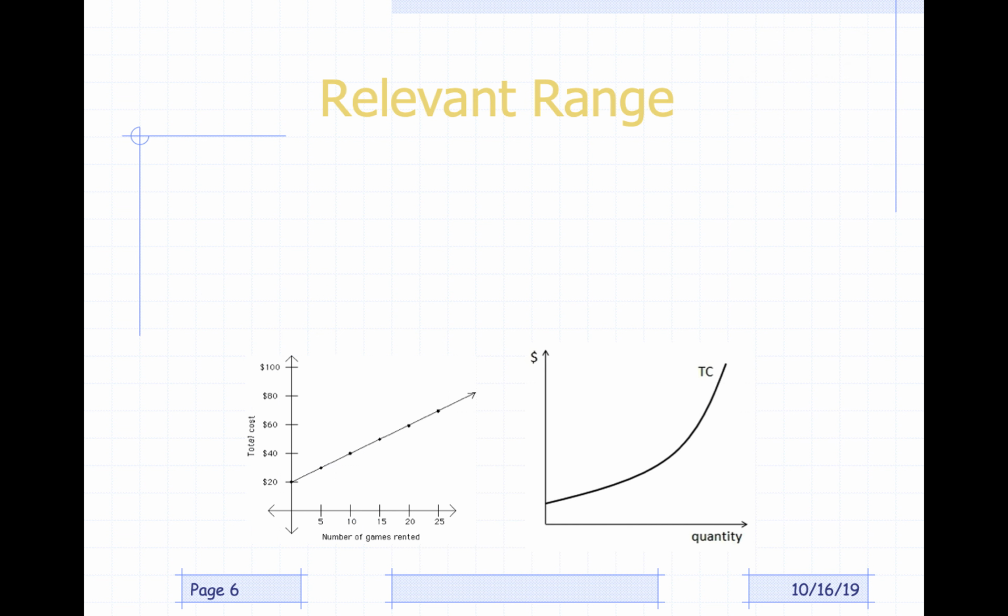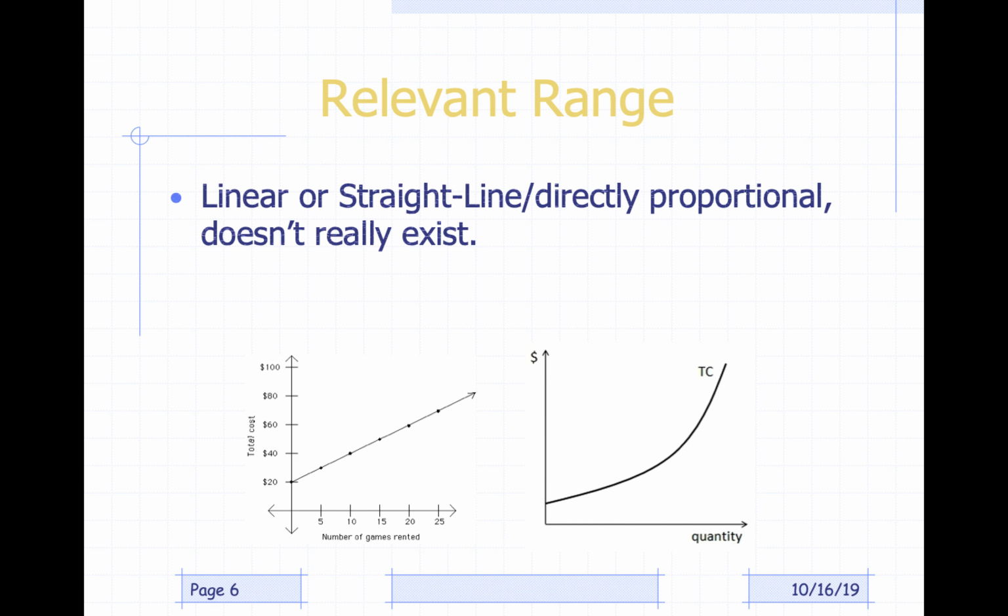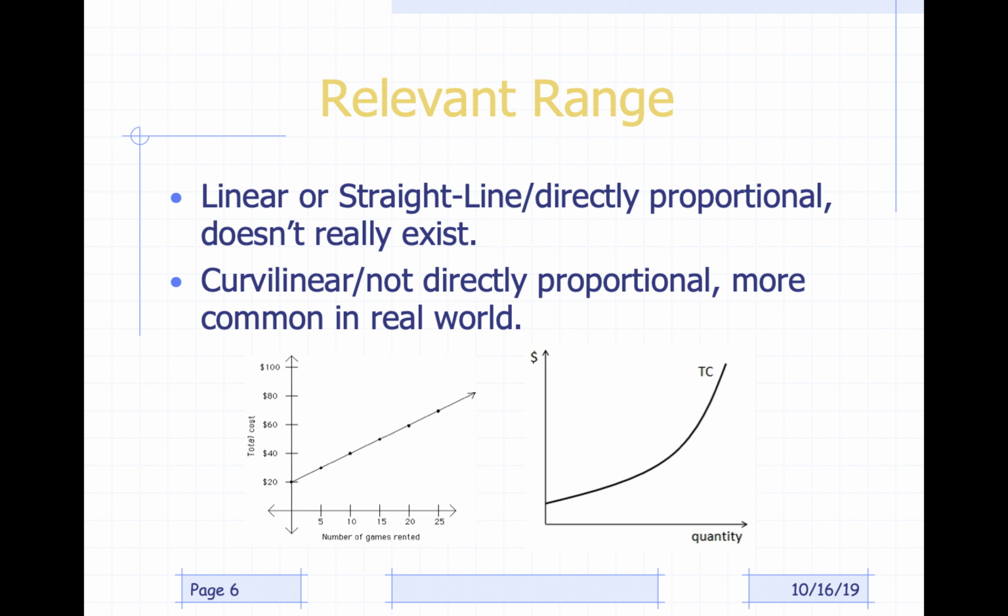The final topic of learning objective 1 was relevant range. Relevant range has to do with the curves of the graphs of either a variable or a fixed expense. You have linear, or straight line, and you have curvilinear, or not straight line. Linear is proportional. As the output increases, the cost will directly increase.